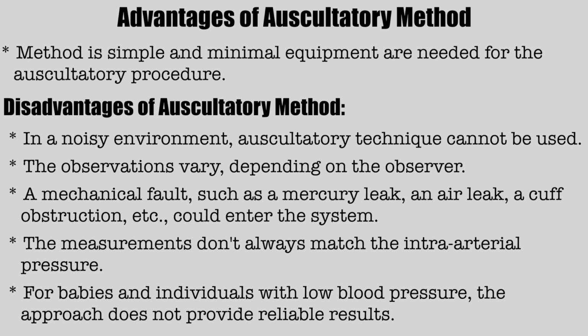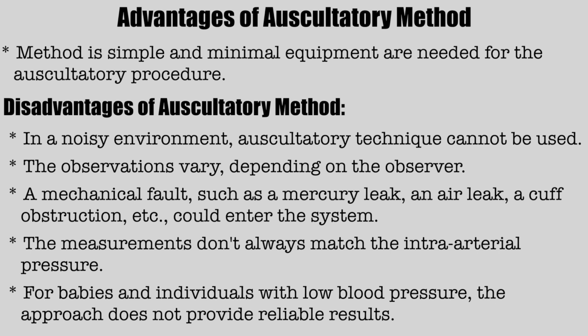The observations vary depending on the observer, so we can say subjectivity arises in the reading of the manometer because you have to note down the reading of the mercury column in the same instant when the stethoscope sound appears and disappears.